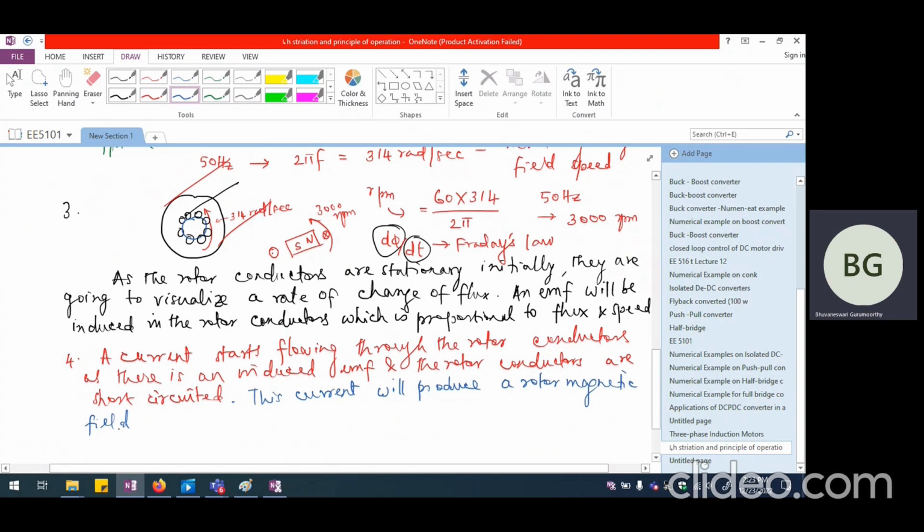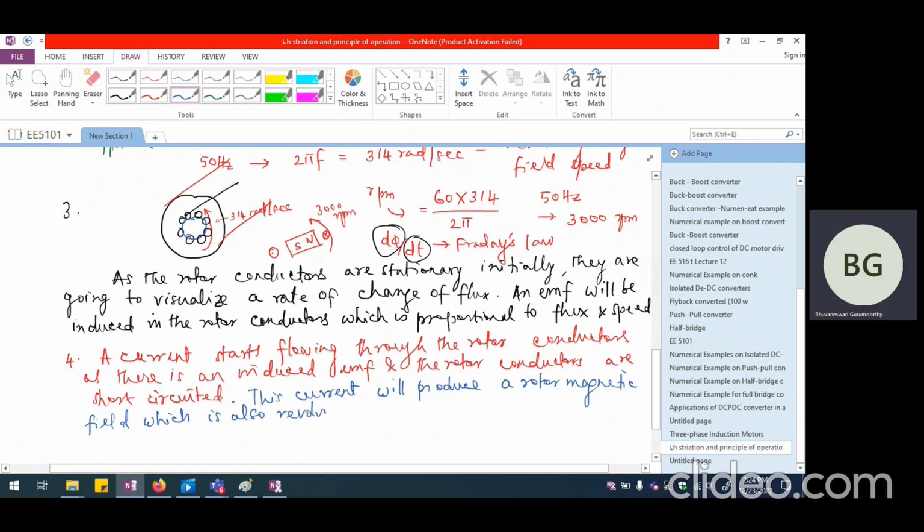If it is a wound rotor induction motor, we are going to have three-phase conductors. Even if it is a squirrel cage induction motor, we are having rotor bars. So all of them are going to get current from A phase, B phase, and C phase respectively. So this is going to produce a rotor magnetic field, which is also revolving.